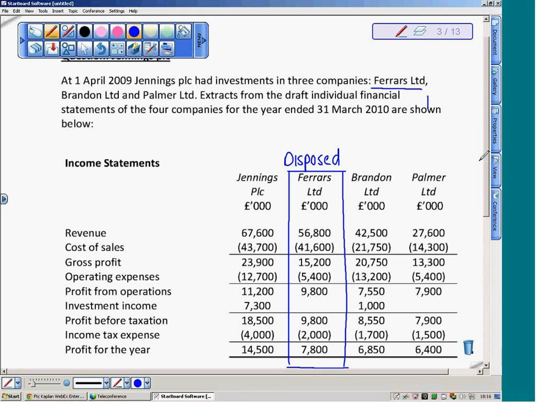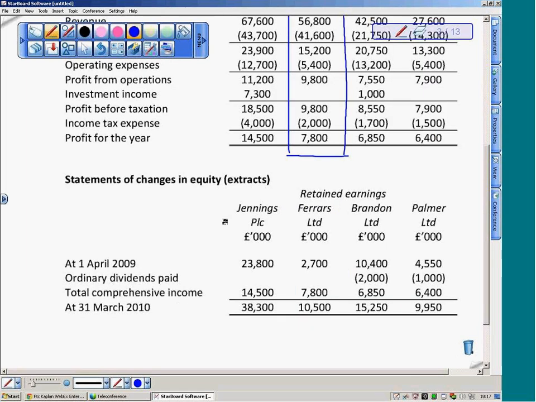Okay. Extracts from the draft individual financial statements of the 4 companies are shown below. So we know that Jennings is the parent, Ferrers was the subsidiary that had been disposed of. We don't know what Brandon and Palmer are, but as we read on, we'll be able to find out whether they're a subsidiary or whether they're an associate. Okay. Further down, they give us information about the extracts of the individual statement of changes in equity.